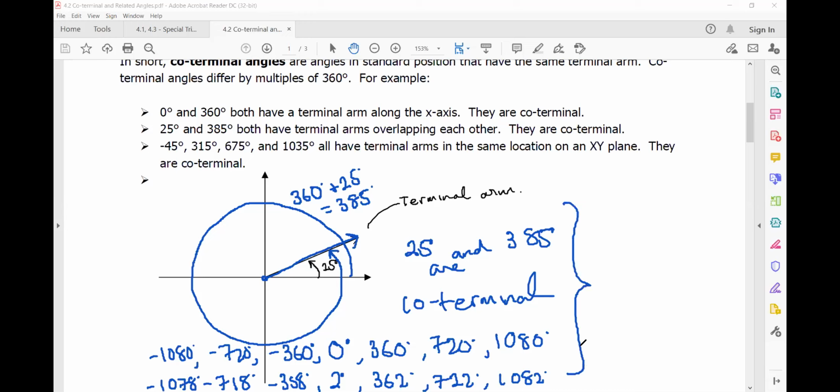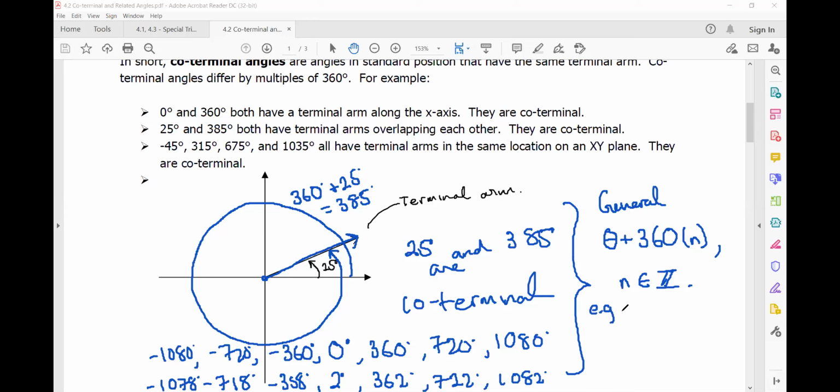A simple way that we like to write it as a general formula is, how do you show something is coterminal? Take the angle and add multiples of 360 multiplied by some number n, where n belongs to the integers.